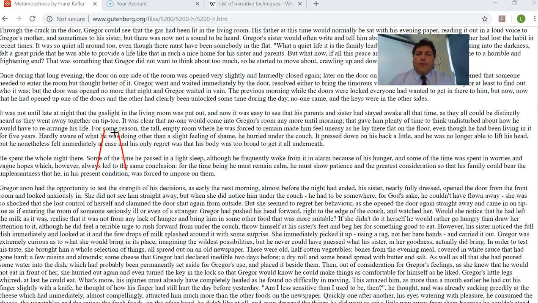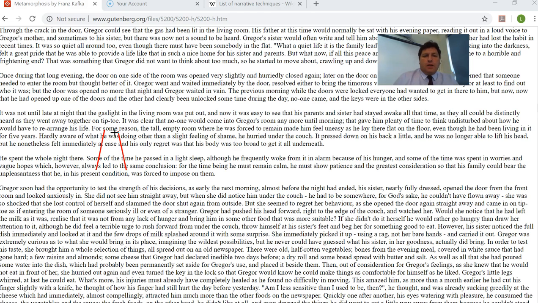The tall empty room makes him feel uneasy, and he lay there flat on the floor because he's a cockroach. But it seems to be the case that the narrator and Gregor still are coming to terms with this, coming to grips with this in the writing. This creates tension and unease in the style.